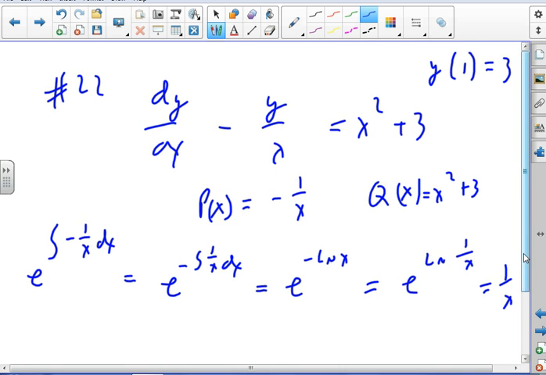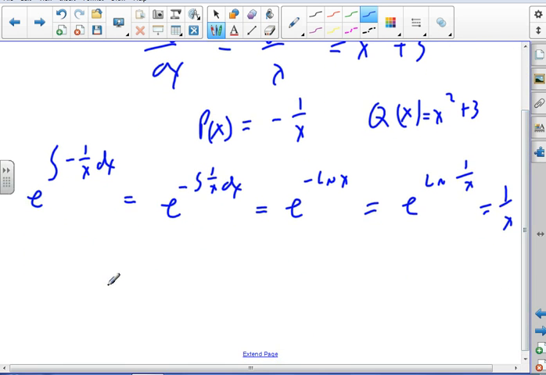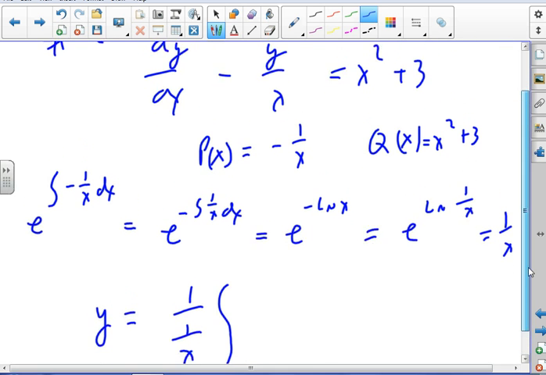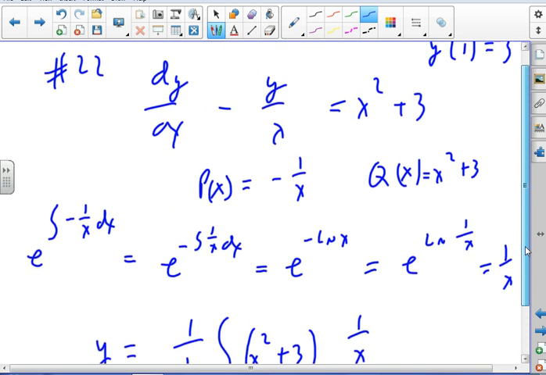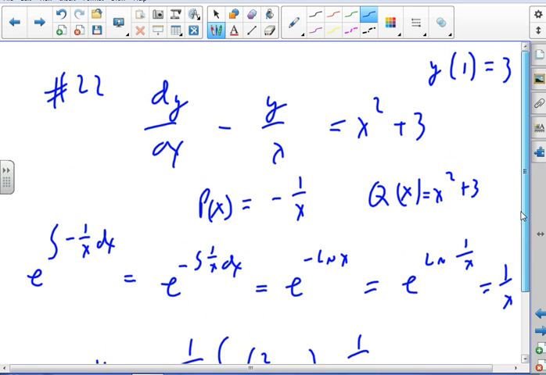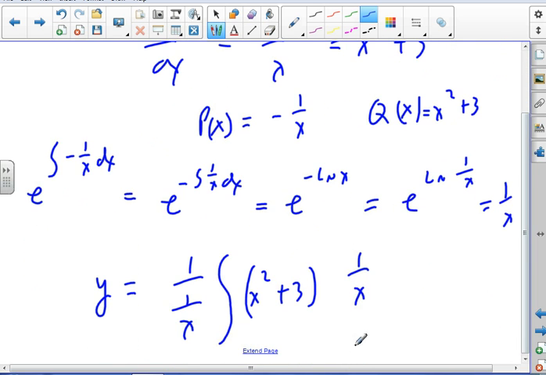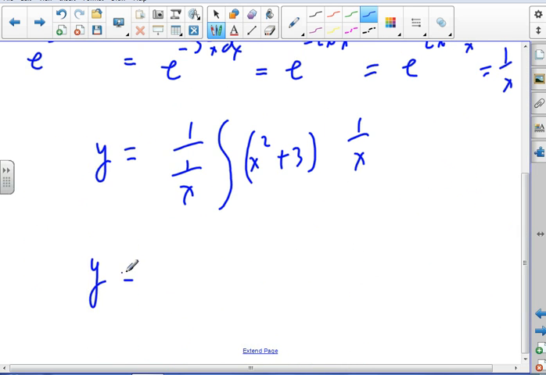Alright, now that I know that, I know that y is equal to 1 over x integral of (x squared plus 3) times 1 over x. Alright, so I got y is equal to x times the integral of (x plus 3 over x) dx.